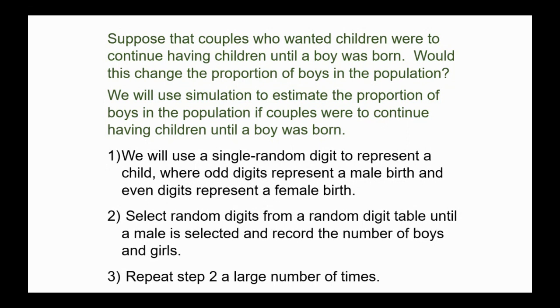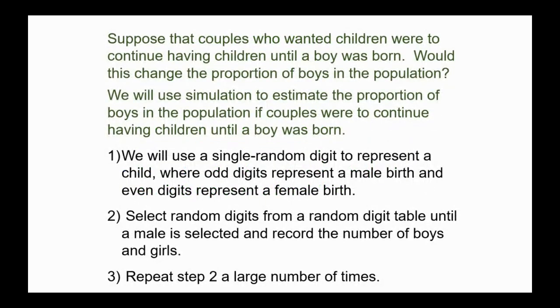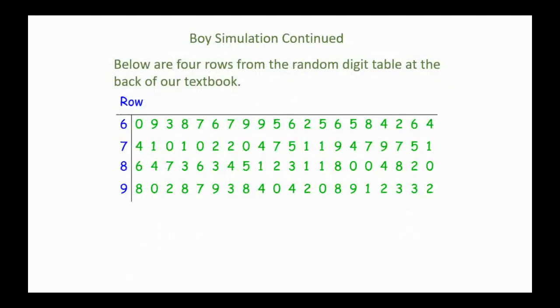And repeat step 2 a large number of times. I didn't print the table in the notes, I'm sorry. You can try writing it down if you want to, or just follow along. It's up to you.